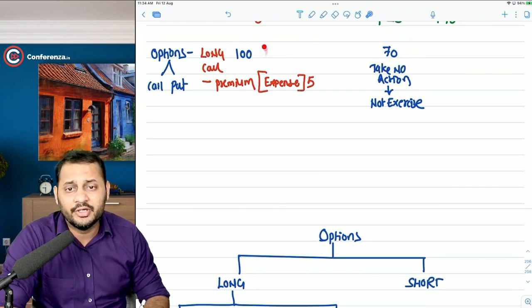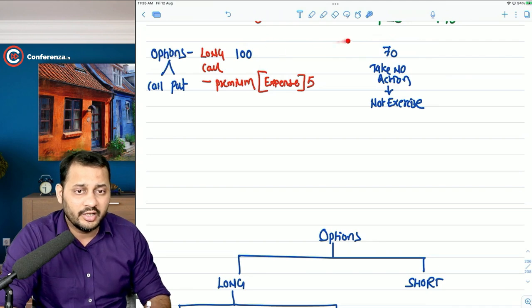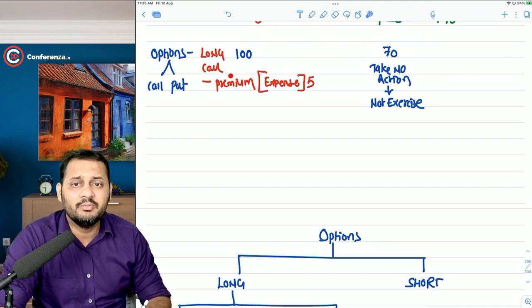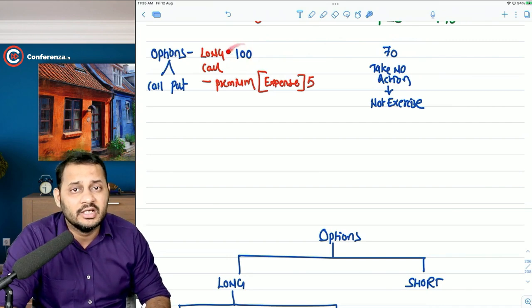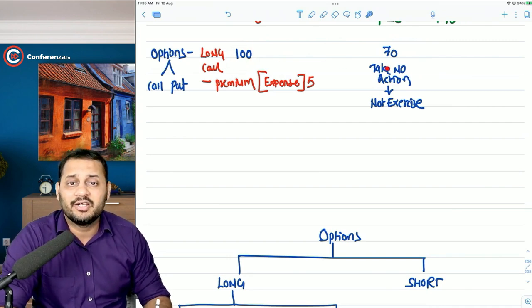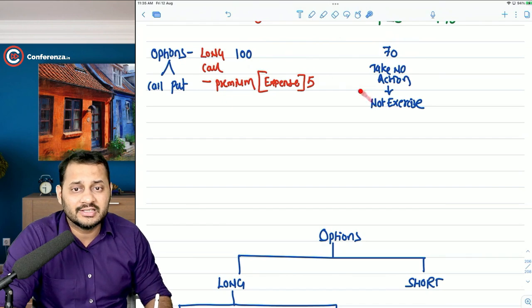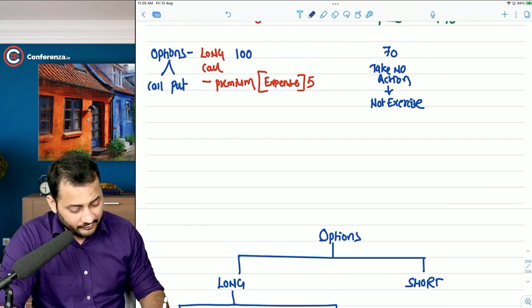So am I going to exercise this right? Am I going to go and say, oh, give me that asset at 100 rupees? No, I'm not that foolish. If the market is at 70, why would I prefer to buy at 100 rupees? So I will say no to this option. I will take no action. I will not exercise this option. That means I will let the option lapse.